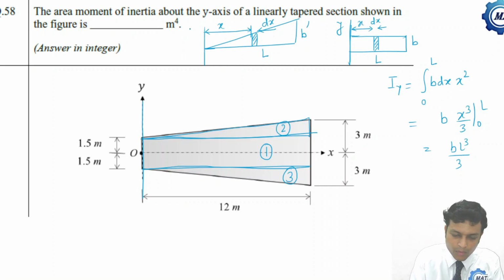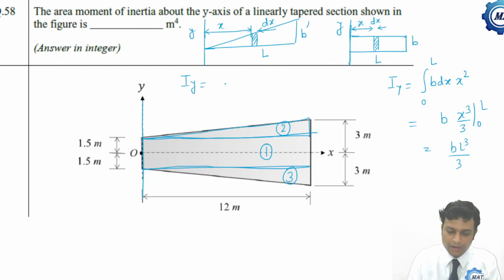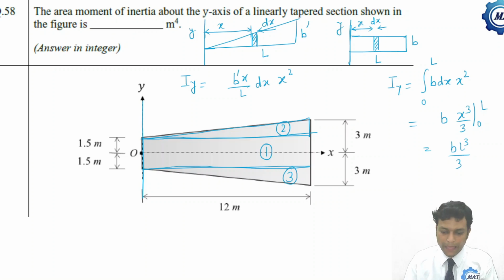Now what will be IY? If this is y, then for the triangular element the width will be B prime x by L, into dx is the area, and the distance is x, that is x square.